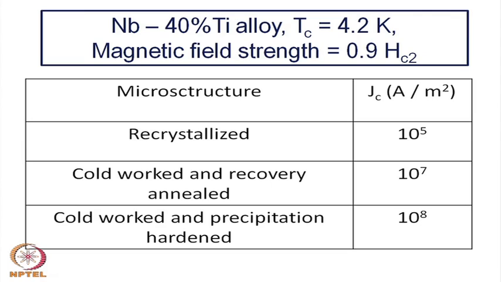Recrystallized means a material has been cold worked, that means given a lot of mechanical deformation, and a significant amount of plastic deformation has already taken place. So, plastic deformation means increasing the dislocation density. So, a cold worked material always has a higher dislocation density, but recrystallized means this dislocation density can be reduced or annealed out if the temperature is raised above the recrystallization temperature.